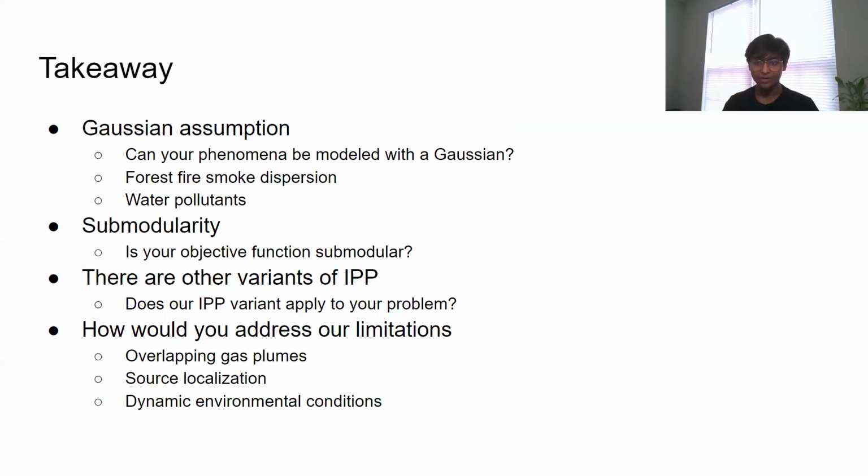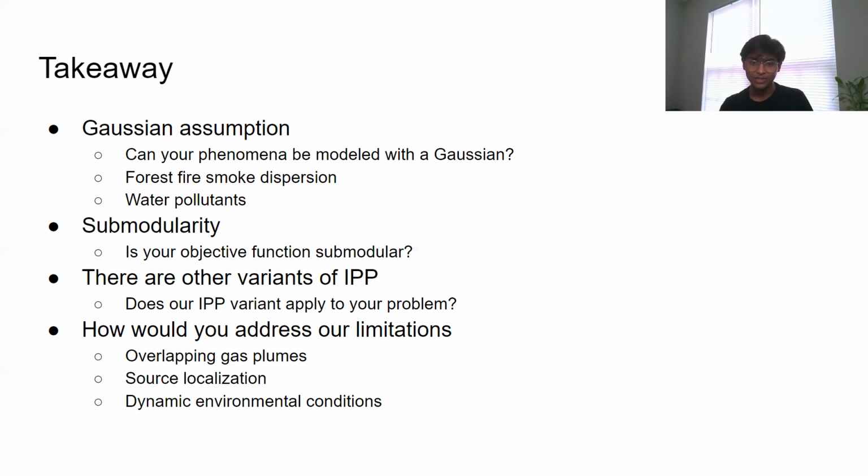Then there is submodularity. Submodularity also appears in numerous objective functions. Set cover, mutual information, and influence in social networks are submodular functions. Are you using a submodular function as your objective? And if you are, you can use greedy algorithms and still be able to come up with approximation guarantees for your solution.